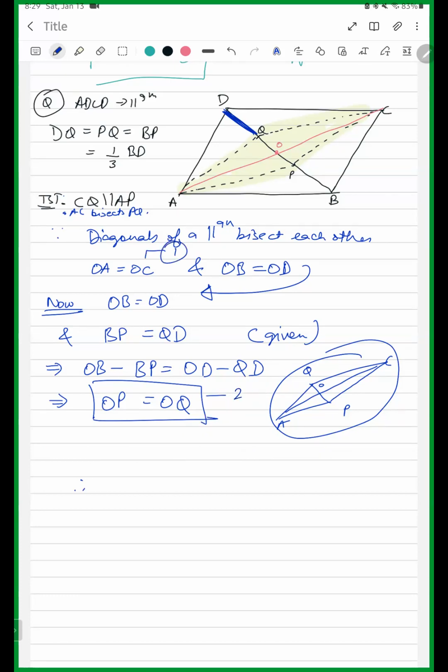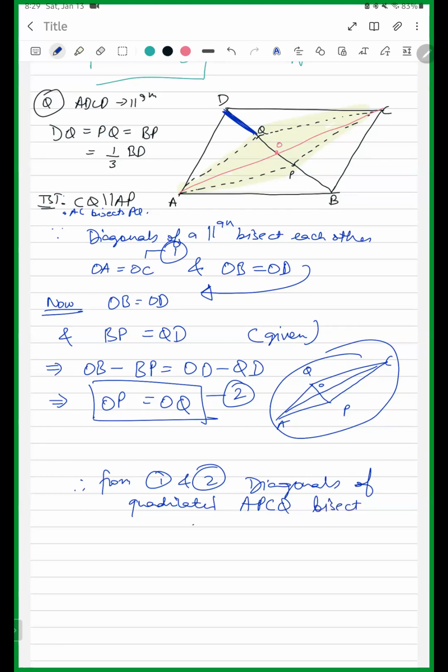So from 1 and 2, diagonals of quadrilateral APCQ bisect each other, right?